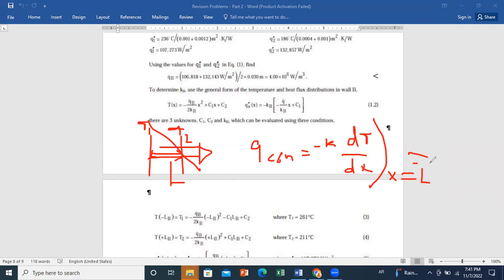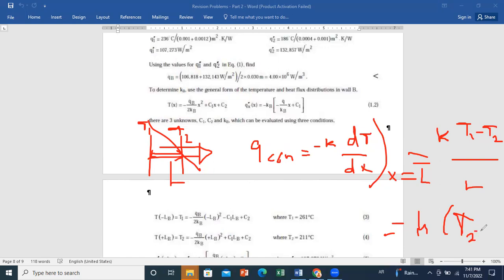You can directly put k times (T1 minus T2) over L. Then this will be equal to the rate lost by convection, which is h times delta T, which is T2 minus T infinity.